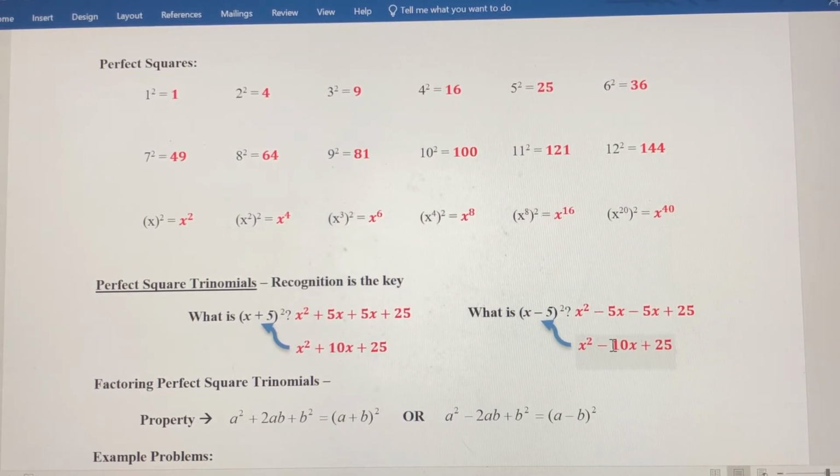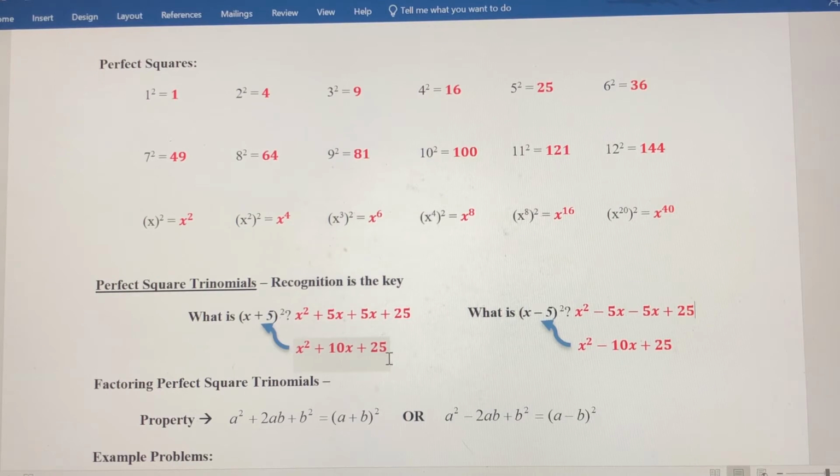Previously, we'd worked on squaring binomials. We'd worked on using the distributive property when necessary to multiply 2 binomials. Now we're working on factoring, so we're going to start with this trinomial and factor it back into its basic parts. In this case, that would be x plus 5 to the 2nd power. We need to be able to recognize when we have a perfect square trinomial.